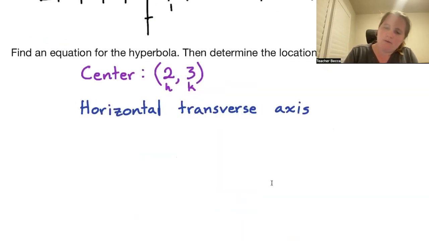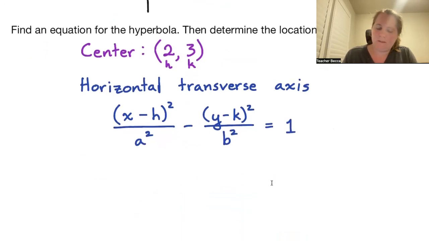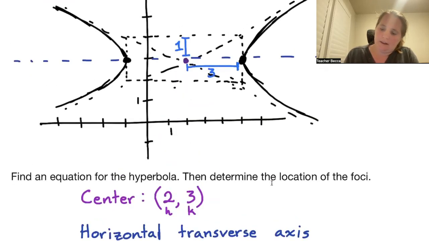So we know we are looking at (x minus h) squared over a squared minus (y minus k) squared over b squared is equal to 1. We know our h is 2, our k is 3, our a is along the transverse axis, the distance from the center to the edge of the box.